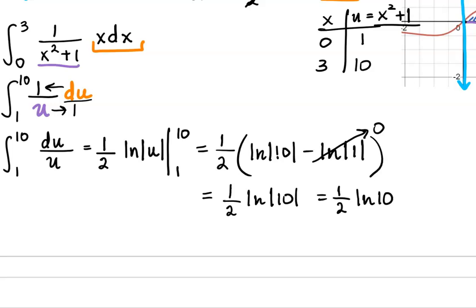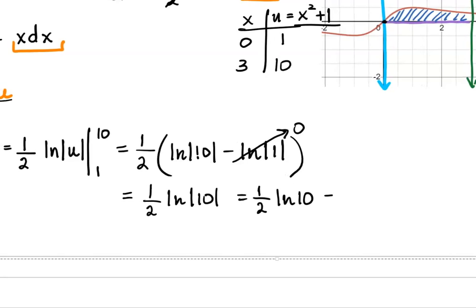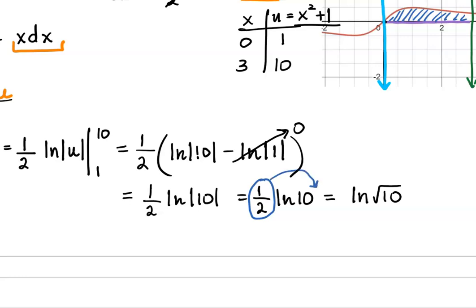I want to point something out because I know sometimes you all use computer algebra solvers, Mathway, whatever you want to call it, to solve problems. You may see this as natural log of the square root of 10. And those are the exact same thing. Because what you learned in 171, the power rule for logarithms, says that you can take the coefficient of a logarithm and send it to the exponent of what's on the inside of the logarithm.